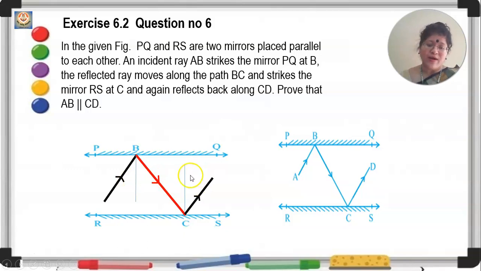Okay, and what happens is when there is an incident ray and a reflected ray, the angle that is formed in between, you will notice that they will be congruent. That is, incident ray or the incident angle here that is formed, that is I, will be congruent to the reflected angle, that is R. So you have the incident ray, the reflected ray, the angle that is formed in between, you get the incident angle and the reflected angle, they will always be congruent.